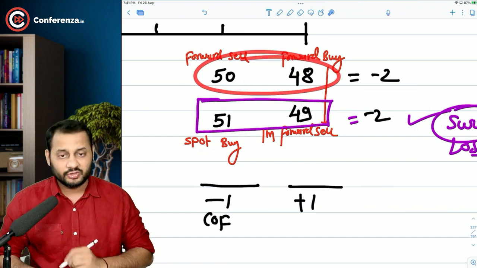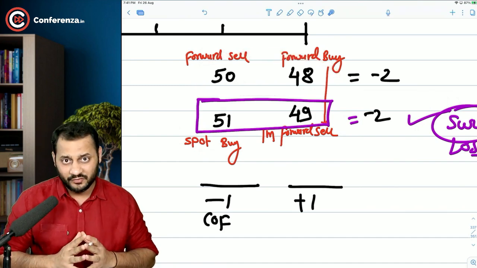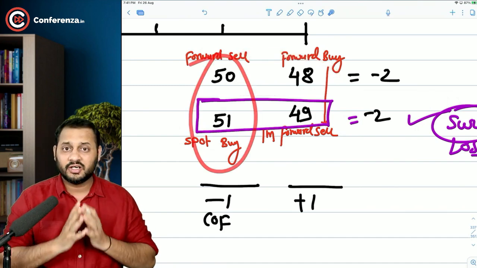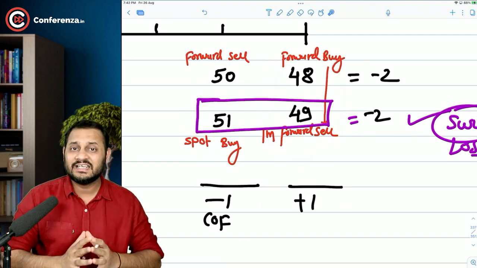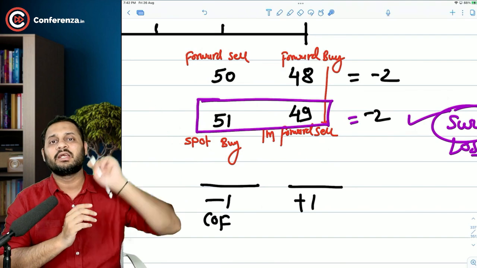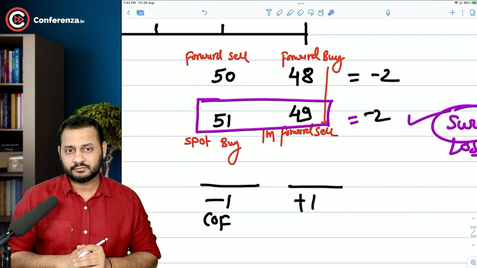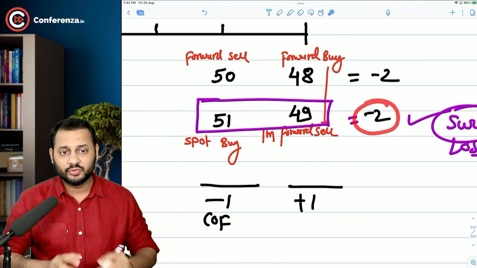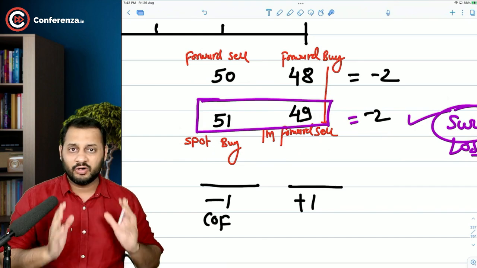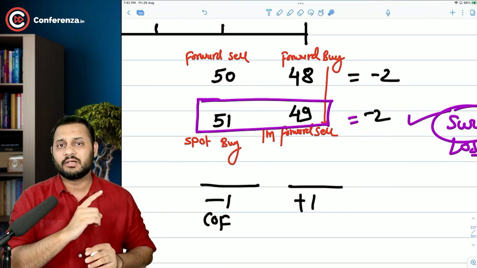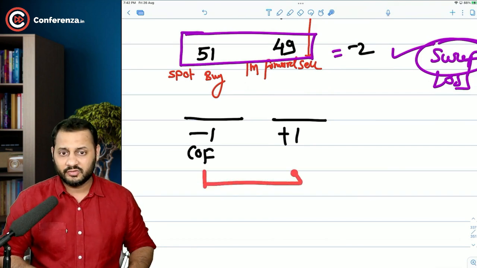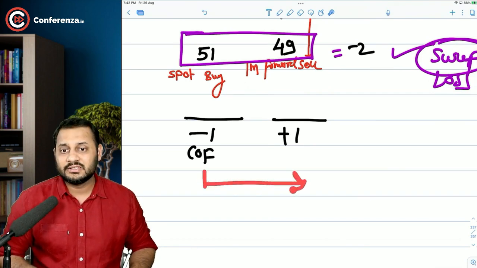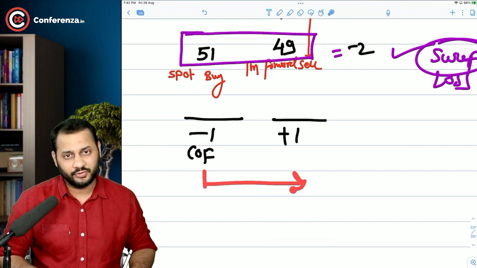The profit and loss on the original contract that the bank could have earned, the profit and loss on the early delivery settlement, and the profit or loss on the cancellation of the interbank cover rate. So this -2 makes sure that you are covering all the profits and losses. Apart from that -2, the only thing that you need to recover from the customer is the interest on this. Do you understand this?